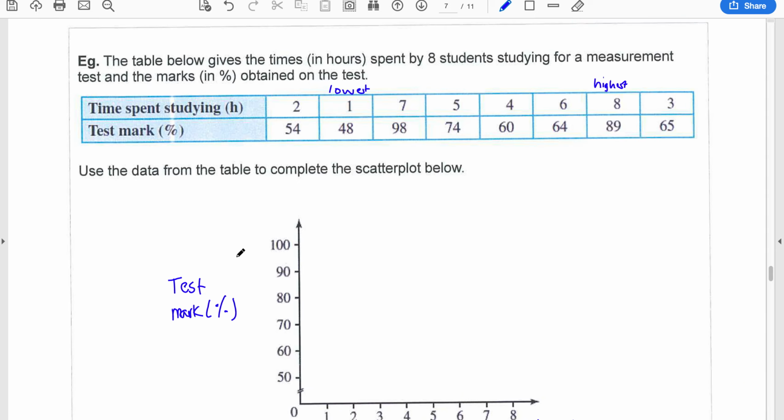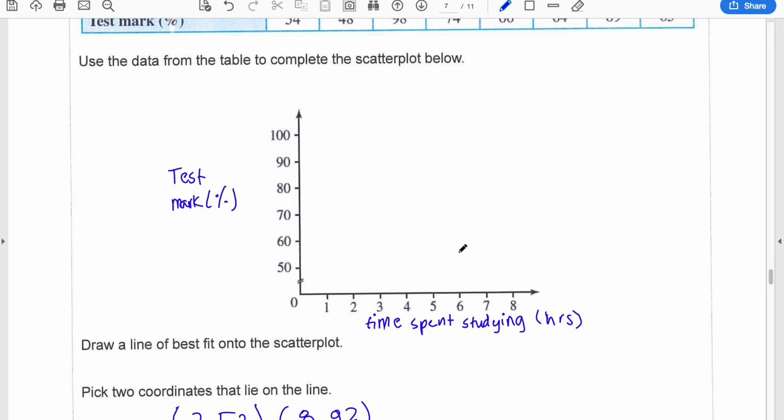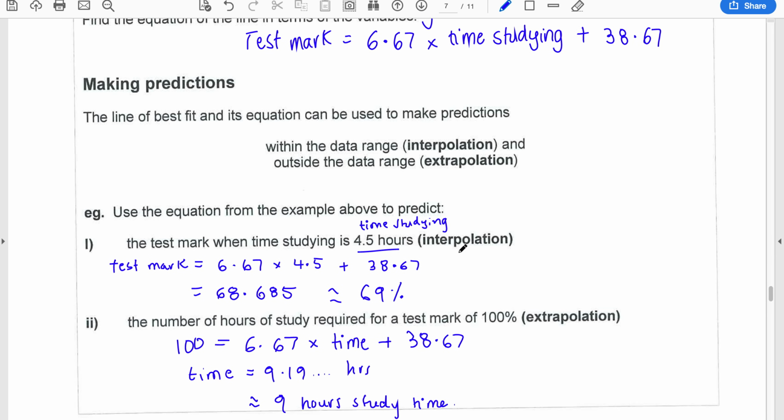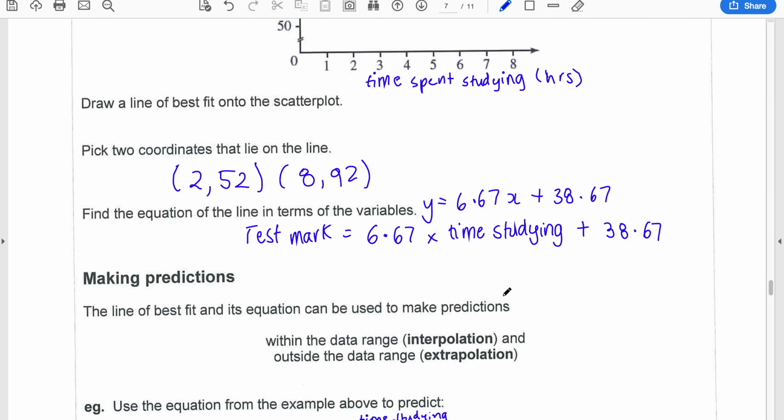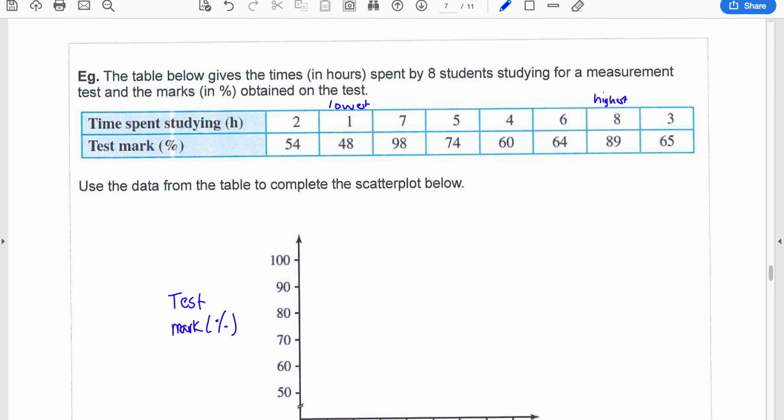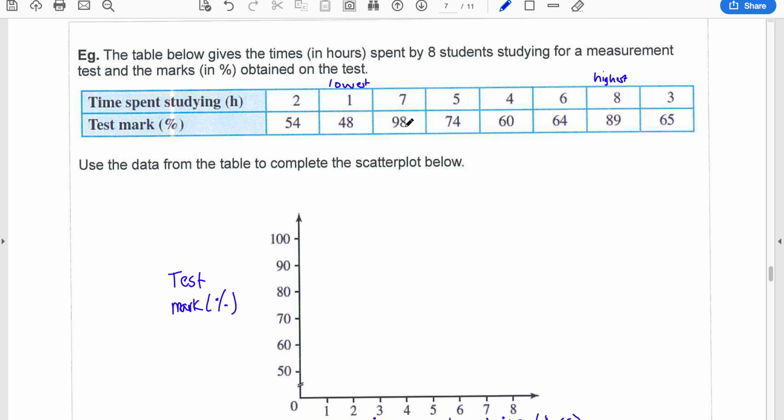If I go beyond my data, now if we have a look at the second one, this second one does that. 4.5 was between 1 and 8, so that was interpolation. This one is 100%. Now if we have a look at our lowest percentage and our highest percentage, our lowest was 48 and our highest was here 98.